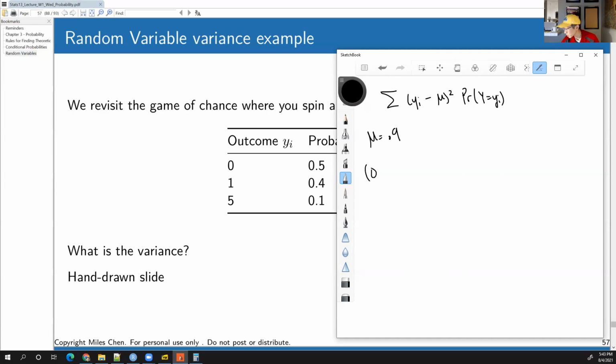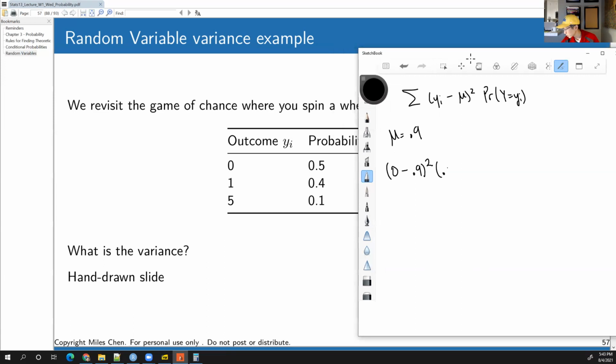The first possible outcome is 0. We're going to subtract off the mean, 0.9, square that, and multiply it by the probability of getting 0. Okay, we do that to the next possible value. The next possible value is 1. We subtract off the mean, 0.9, square that difference, and multiply by the probability of getting 1, and that's 0.4.